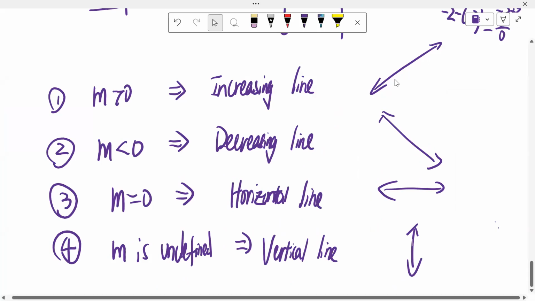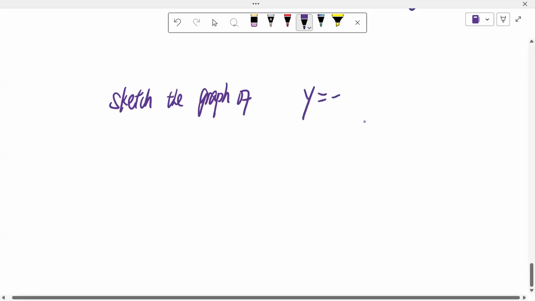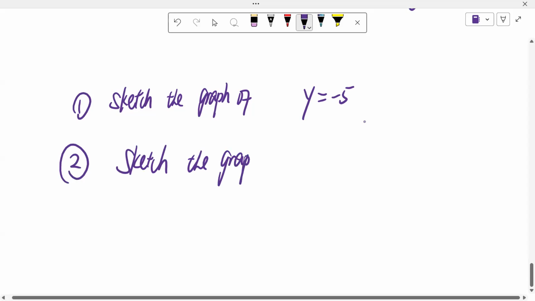First one, let's sketch the graph of y equal to -5. Second one, sketch the graph. I'll graph the line, right? Since those two are special lines, x equal to 3.